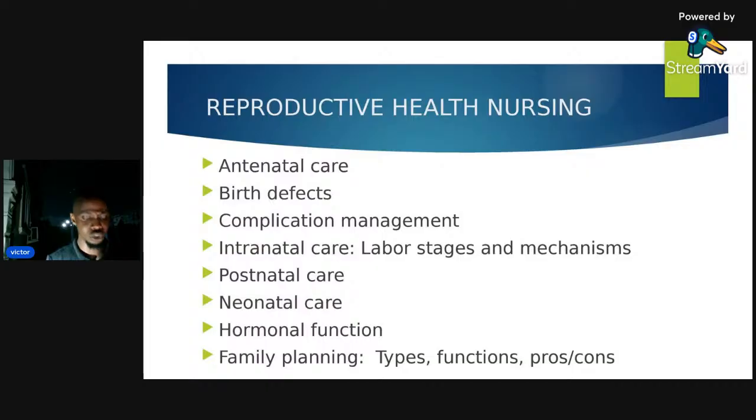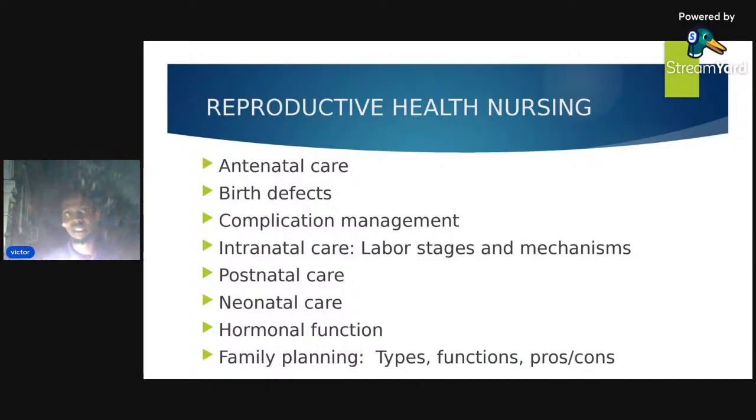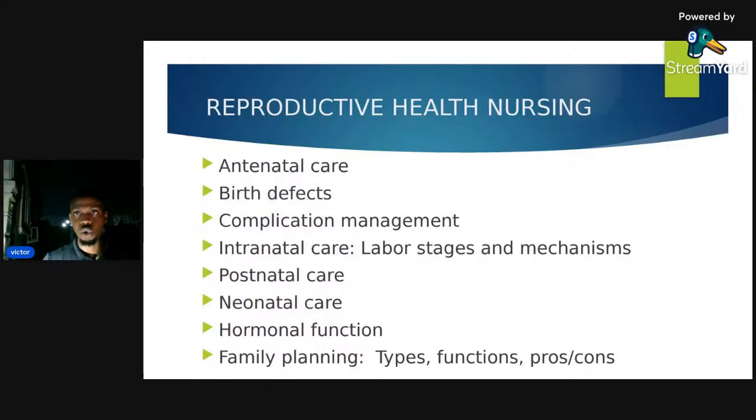Another form of complication that you might have during pregnancy is gestational diabetes. Diabetes occurring during pregnancy. This diabetes does not just occur because someone is pregnant. It occurs as a result of some hormones that are being produced during pregnancy. One of the hormones is the human placenta lactogen.